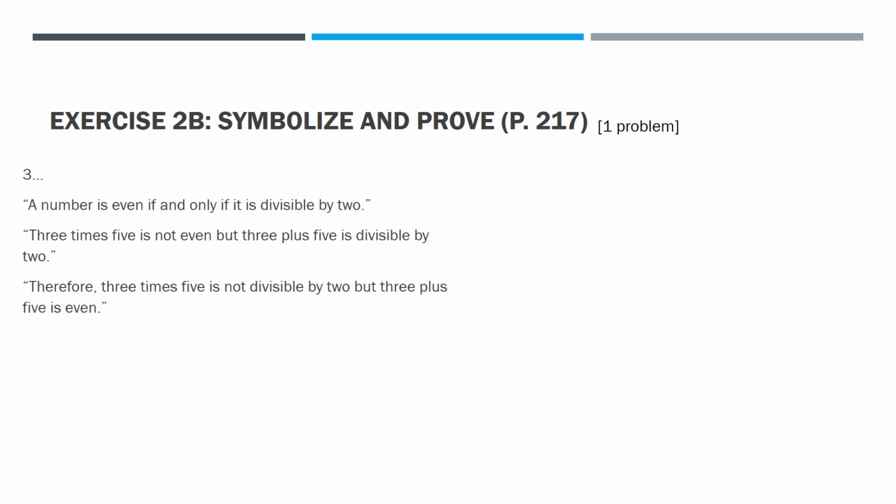Argument number 3, we have a number is even if and only if it is divisible by 2. Premise 1, for all x, x is an even number if and only if x is divisible by 2. 3 times 5 is not even, but 3 plus 5 is divisible by 2.